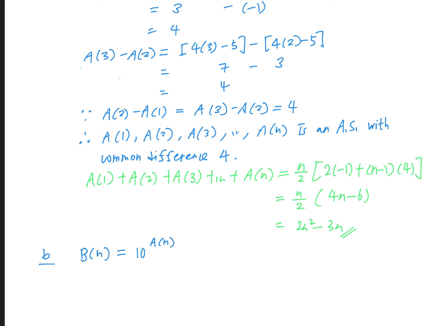And then using the relationship between exponential function and the logarithm function, this equation will be expressed in exponential form. So that's why, if you try to make an the subject, log of bn equals an for any positive integer n.